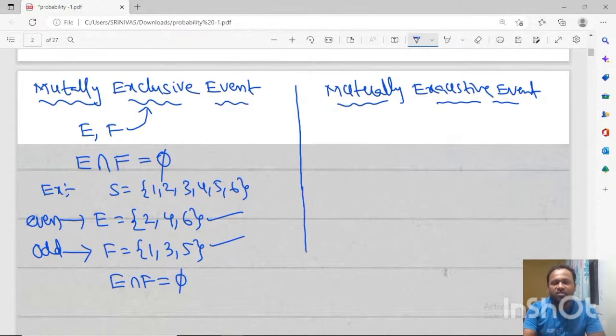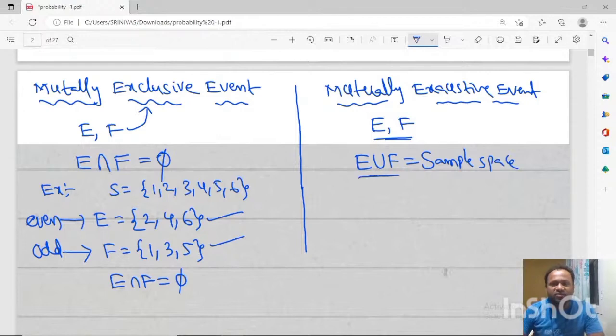One more, mutually exhaustive. E, F are mutually exhaustive whenever the union is equal to the sample space. So here E union F should be the sample space. Same example I will take. Here E is equal to 2, 4, 6 and F is equal to 1, 3, 5.